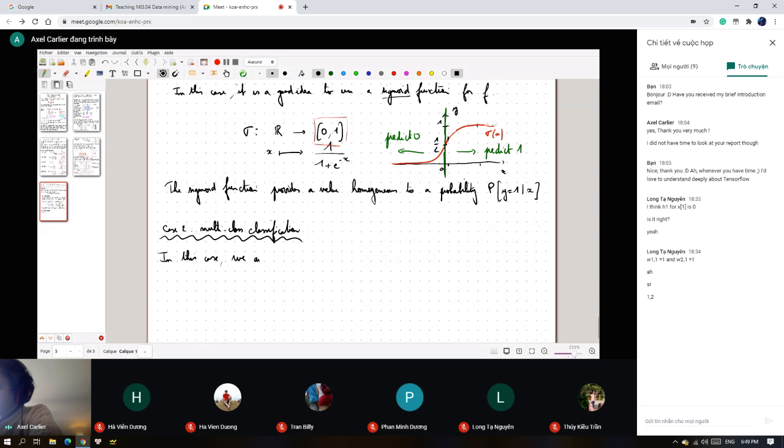We are interested in predicting P of y equals i, knowing x. And i is a class index from 1 to n, where n is the number of classes.